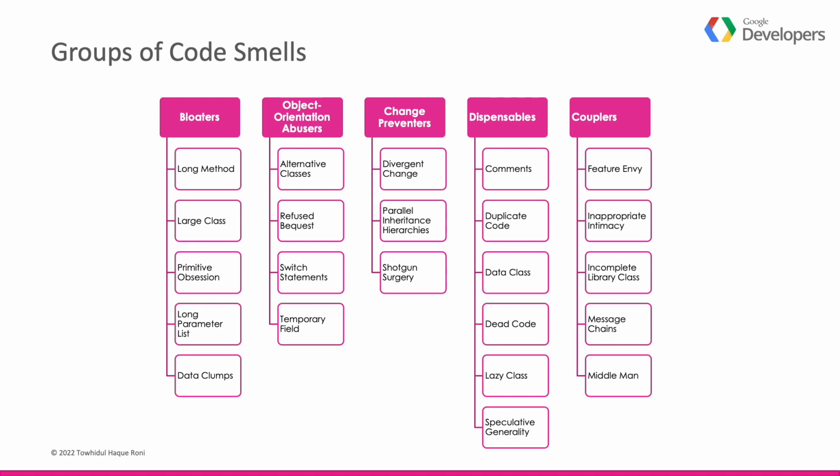While we have covered a few code smells today, there are numerous resources available online that provide comprehensive lists and explanations of these code smells. You can explore further by doing a simple Google search to gain a deeper understanding of each code smell and its implications.